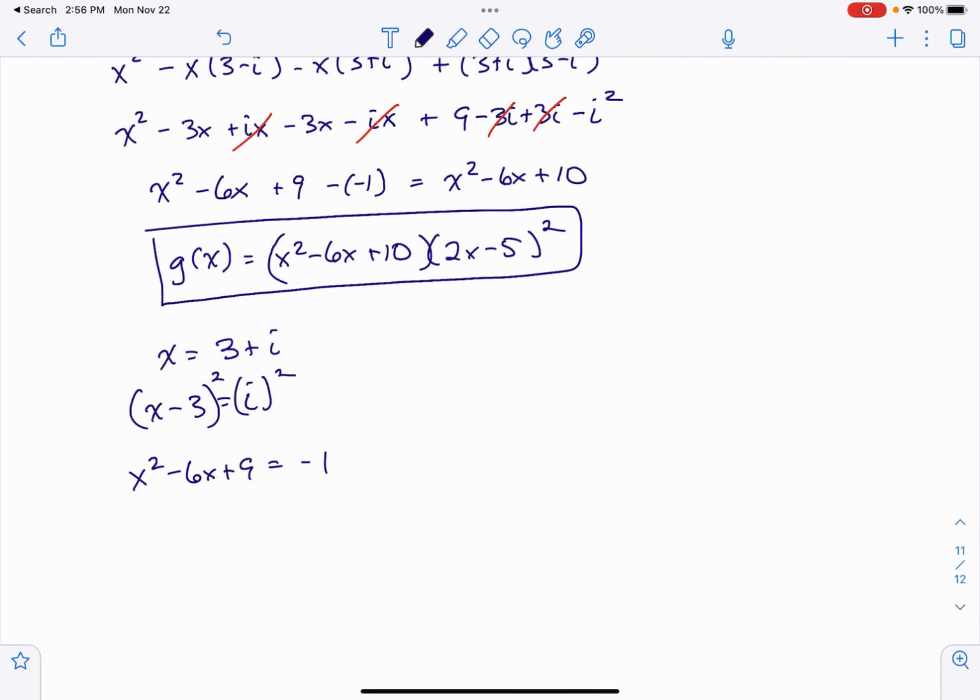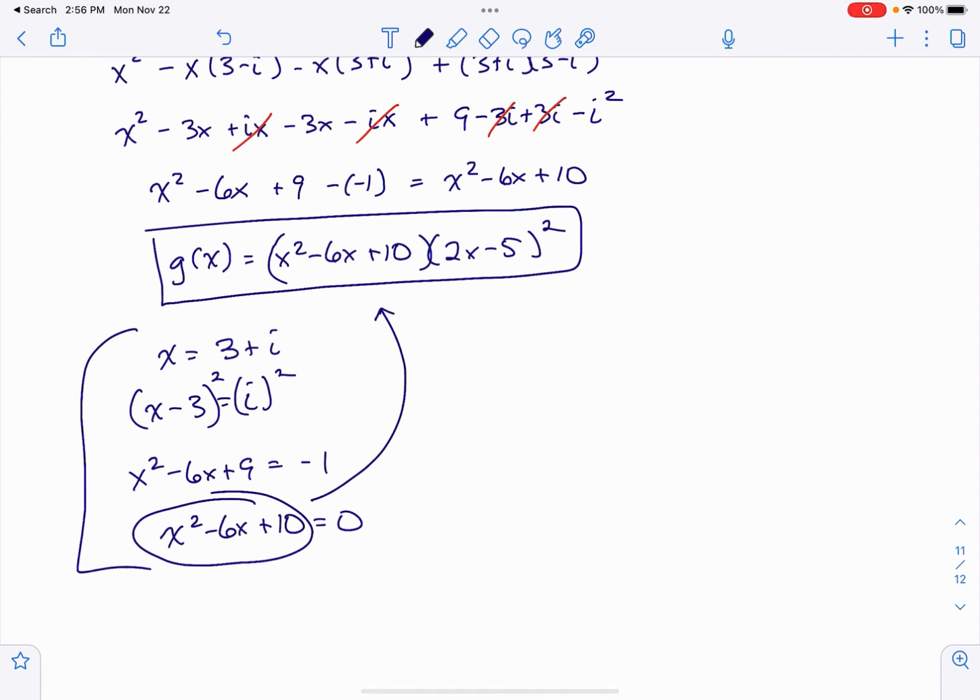Add 1 to both sides, and you get x squared minus 6x plus 10 equals 0. And now here is our imaginary quadratic. Okay, and so then you can plug that right in there. Either way is perfectly acceptable. This way is a little quicker. It also takes care of the plus or minus i conjugate by squaring it right there.